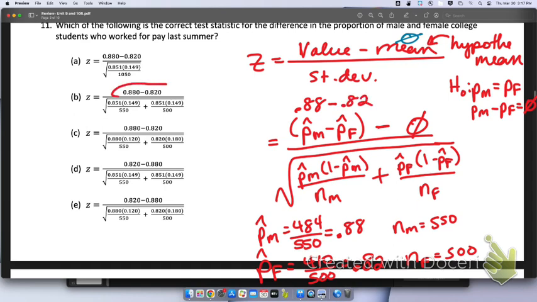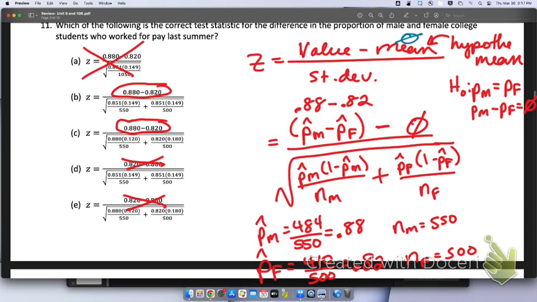So the first one is good, B is good, C is good, D has them backwards, E has them backwards. A here is just wrong because that is not a 2-sample, it's only doing 1 sample on the bottom, it's combining them on the bottom, and we don't do that.